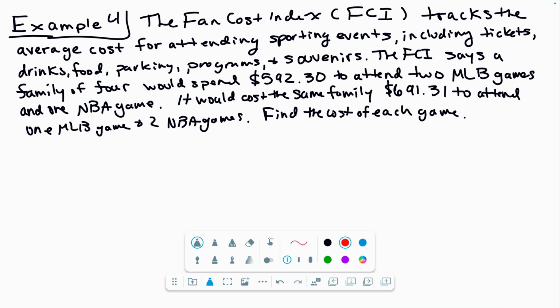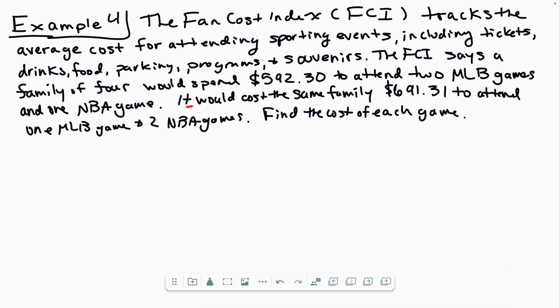What do you think, Alex? Would it be like X being MLB game and Y being NBA games? Would it be X plus 2Y equals 691.31? Yep, there is one.